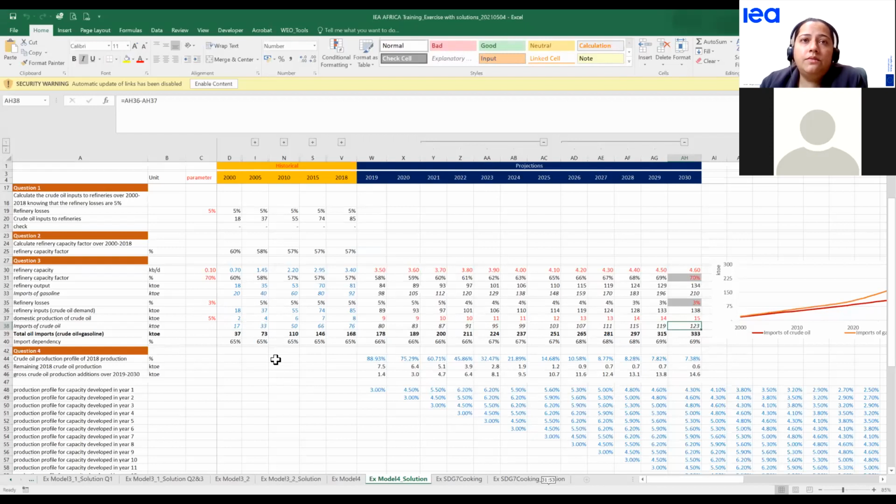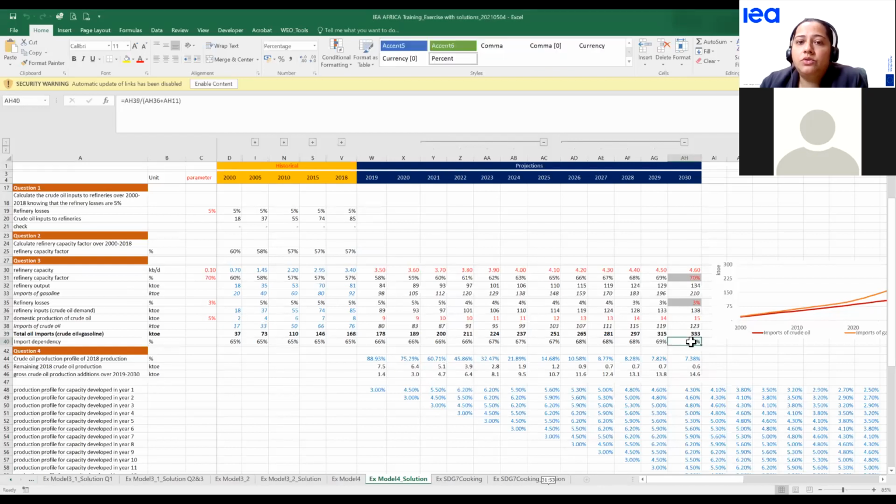And now we have done the calculation for gasoline, we have done the calculation for crude oil. Now we can calculate the total imports, which is the sum of gasoline plus crude oil imports. You sum the two for all the years up to 2030, you get the amount of total imports. With that, you can calculate now your import dependency. And the import dependency is the ratio of imports divided by the total demand.